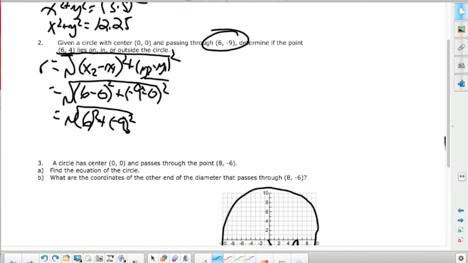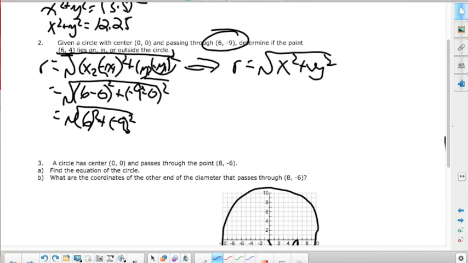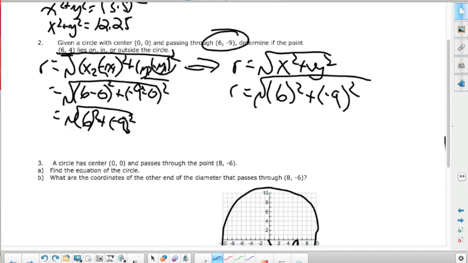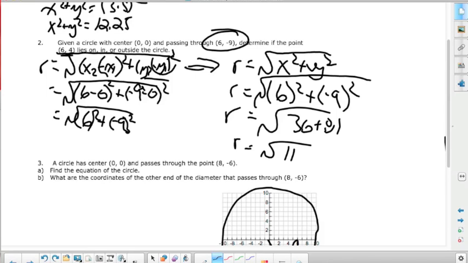The origin is always going to be 0, 0. So really, we just have r is equal to the square root of x squared plus y squared. In other words, if we took the equation of our circle, we isolate for r. So we just plug in the x and y values that we have on the point. So 6 squared plus negative 9 squared, square root of that. So we have the square root of 36 plus 81, which is 117.